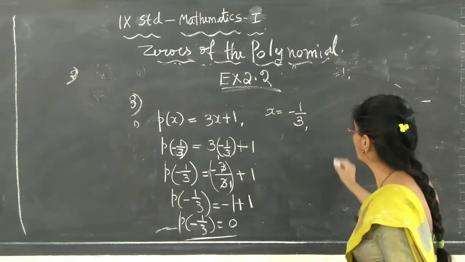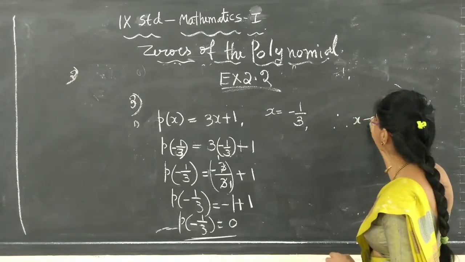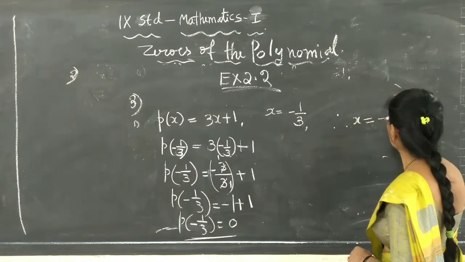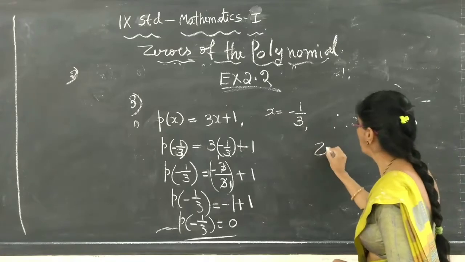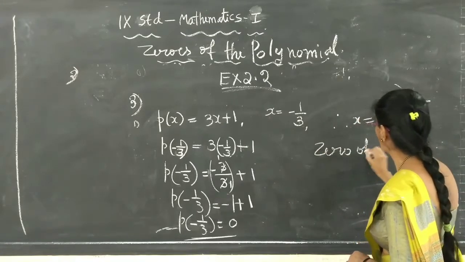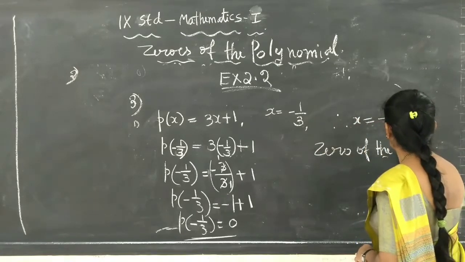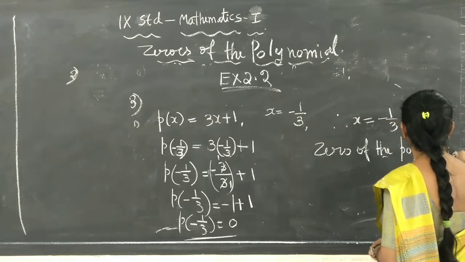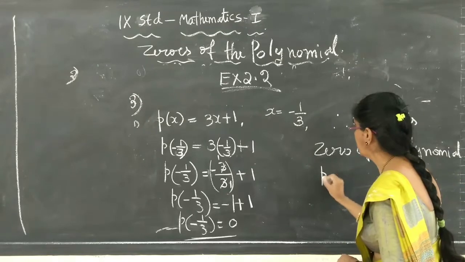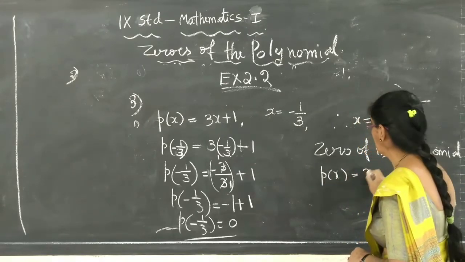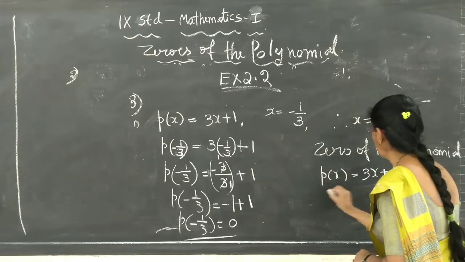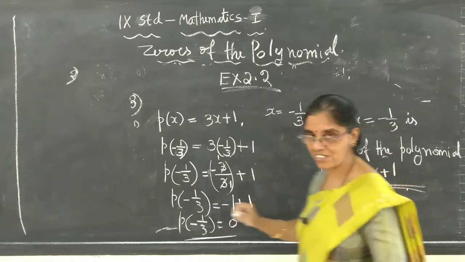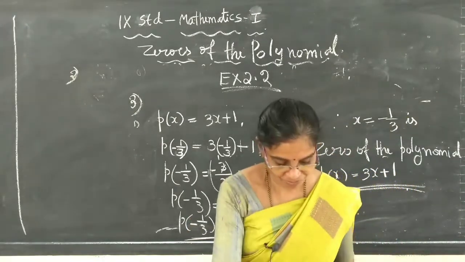Therefore, x is equal to minus 1 by 3 is a 0 of the polynomial p(x), which is nothing but 3x plus 1. So we tested it, yes.